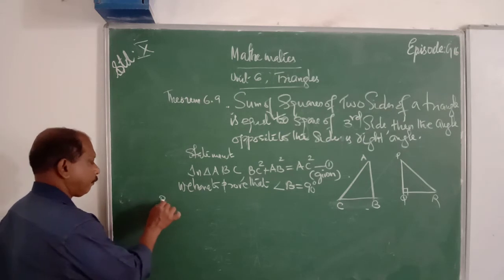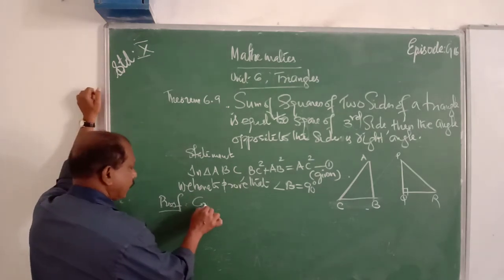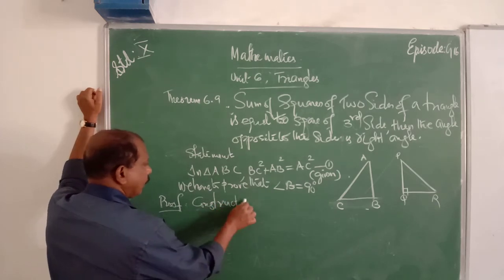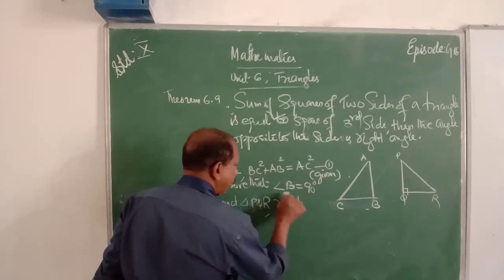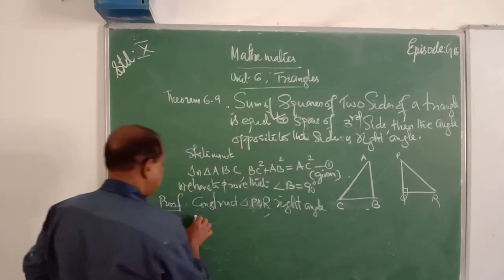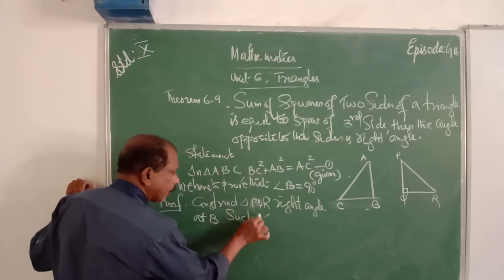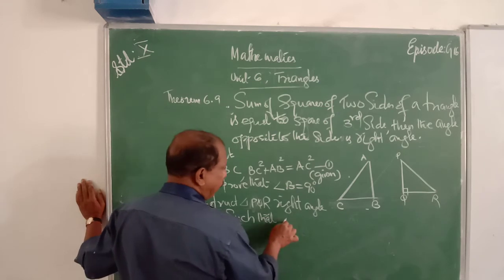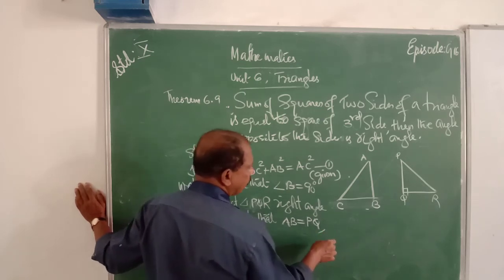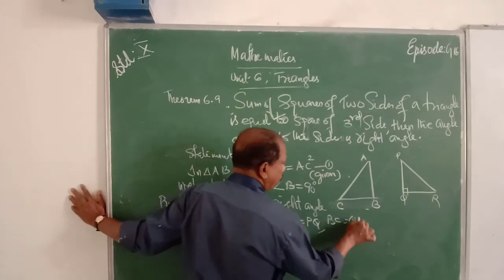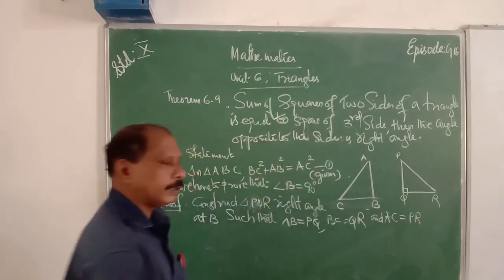Construction: construct triangle PQR with a right angle at Q, such that AB is equal to PQ, BC is equal to QR, and AC is equal to PR. That is our construction.